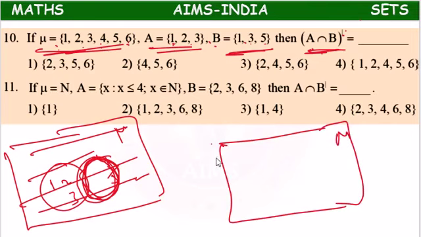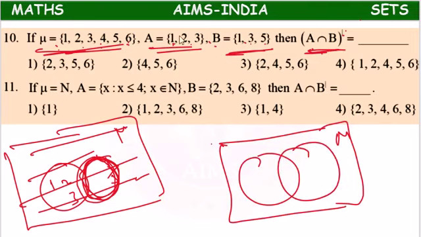We have the mu set, the A set and the B set. In A the elements are 1, 2, 3, but 1, 3 are common. In A we have 2 only, in B we have only 5, but the universal set has 6 elements, so 4 and 6 are outside A and B, but they are in mu.